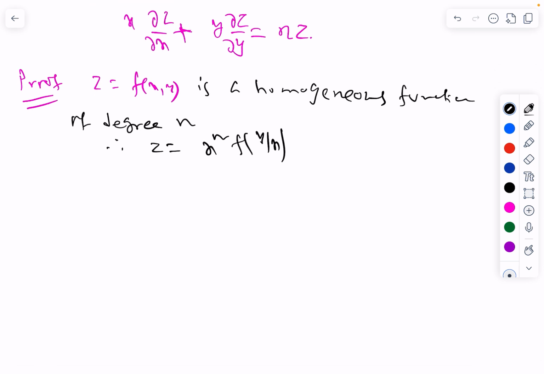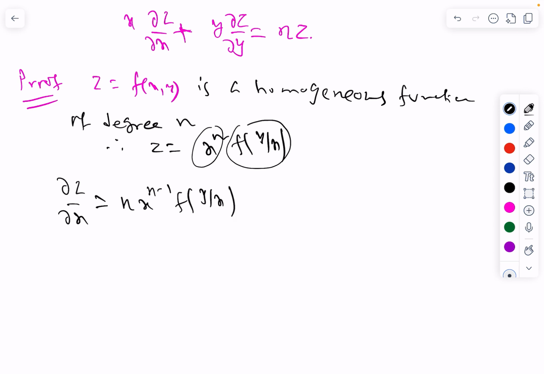Now take the derivative with respect to x. So here we have two terms. That is n x power n minus 1 f of y by x plus x power n f dash y by x, and the derivative of y by x with respect to x is minus y by x square.